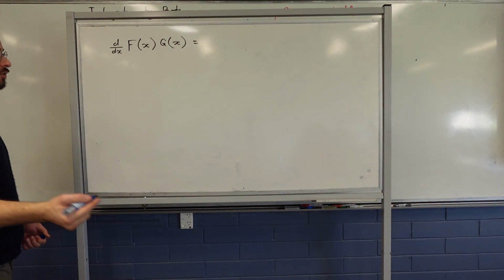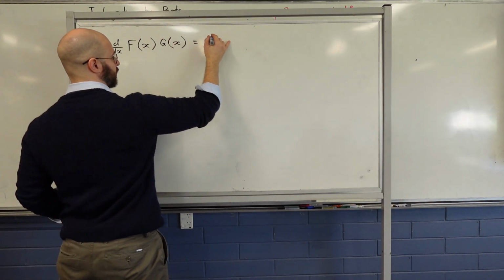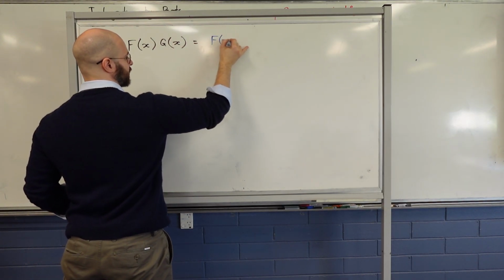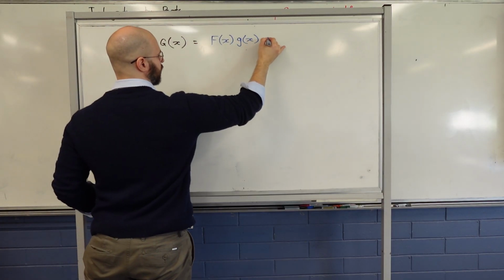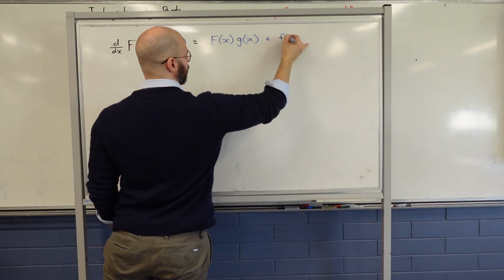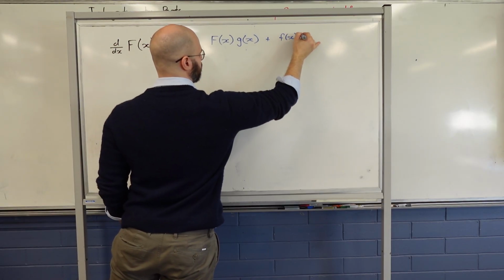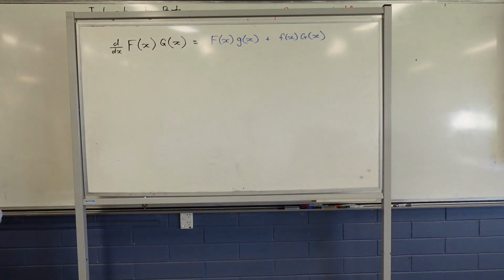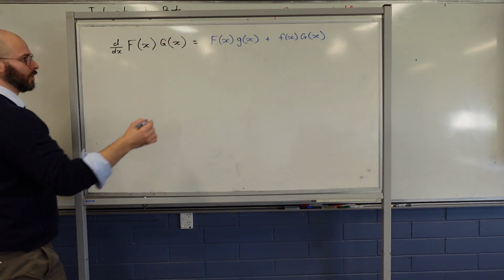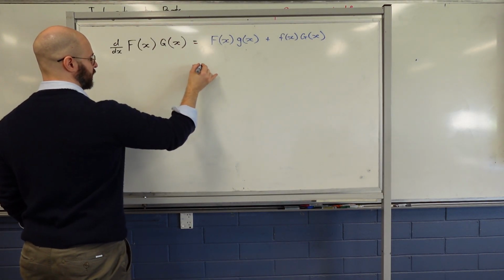Product rule. It's going to be f of x, g of x, plus little f of x, big G of x. Is that cool?